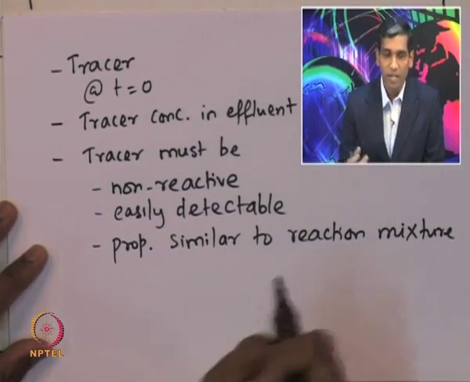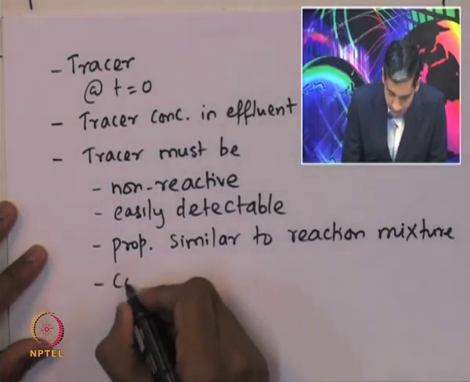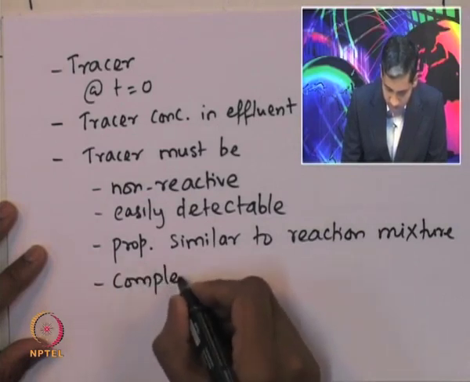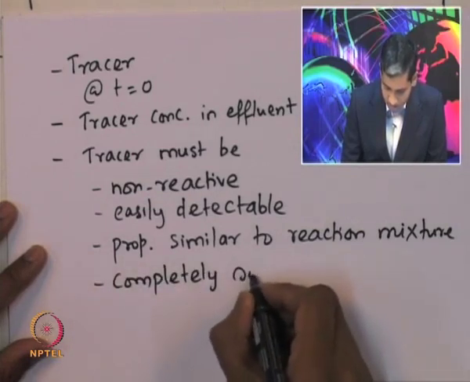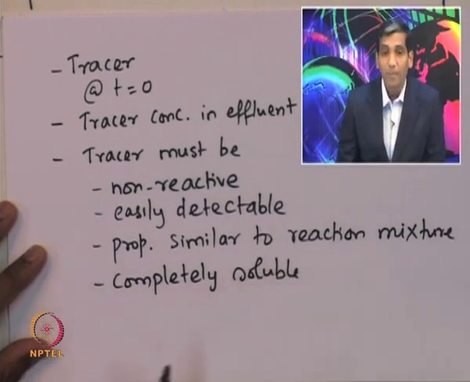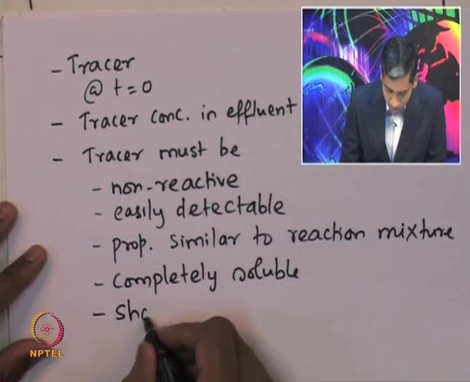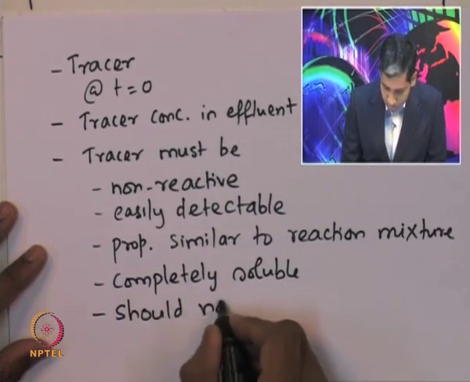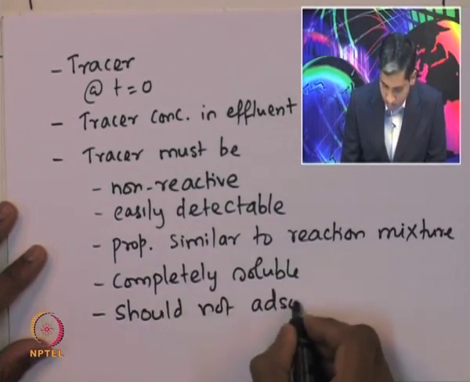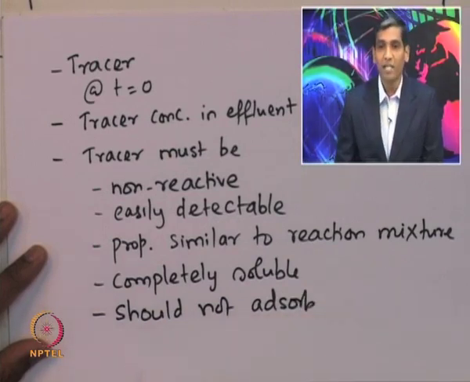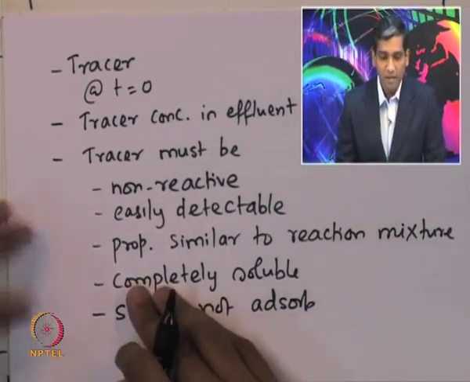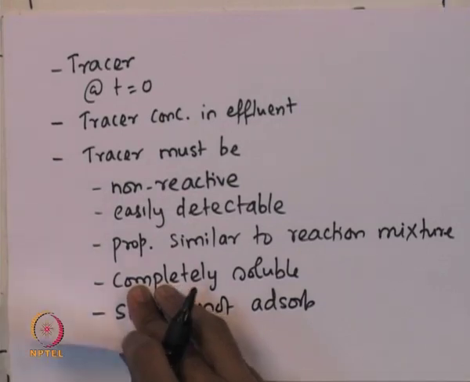It also has to be completely soluble in the reaction mixture, and it should not adsorb onto the reactor walls, otherwise some of the tracer is consumed and it does not reflect the non-ideal behavior completely. So, now the question is, how do we measure the residence time distribution?